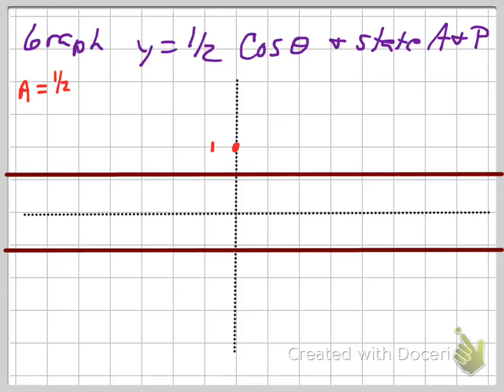So my graph's only going to be there. Now, the period of this graph is what? Can you tell by looking at the equation? Gritch? It's 360 degrees. So it's going to take 360 degrees for this dolphin to do its thing. So I'm going to mark that off.